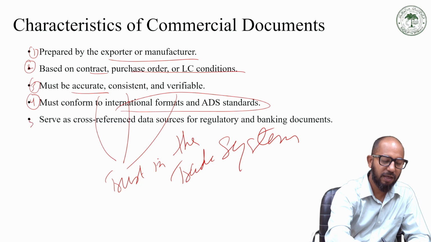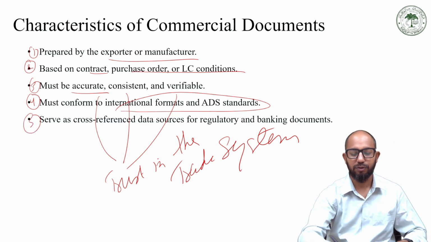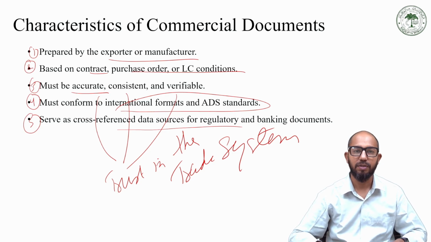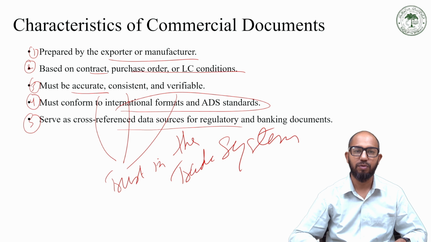The fifth and the last characteristic is that commercial documents serve as cross-reference sources for regulatory and banking documents. It is very important and interesting to highlight that commercial documents provide data related to the traffic of trade from one country to another country, which is very helpful for the banking system and regulatory bodies.